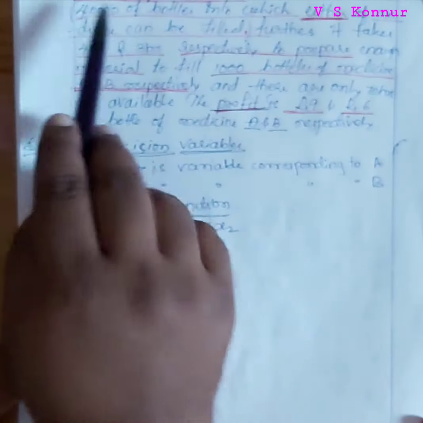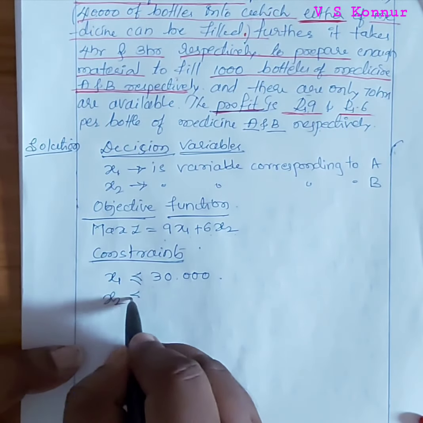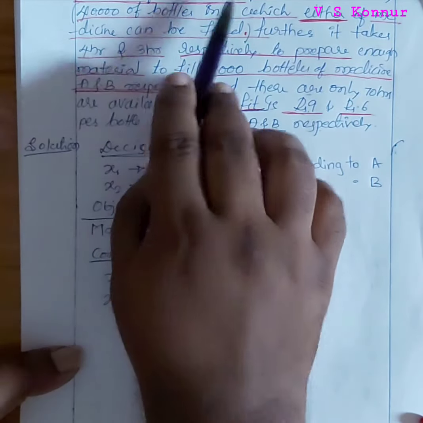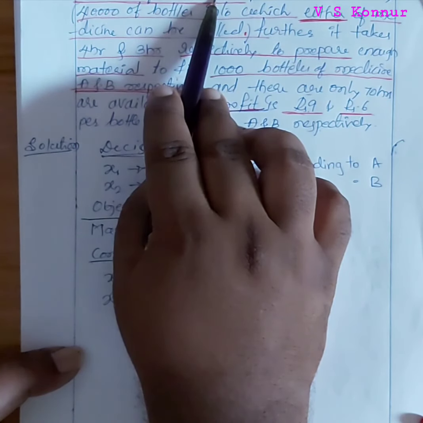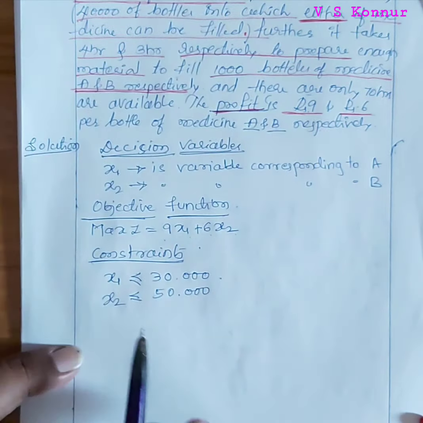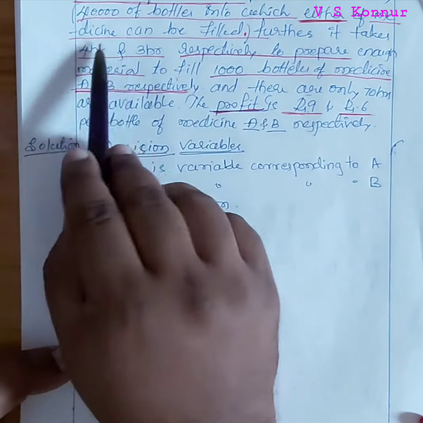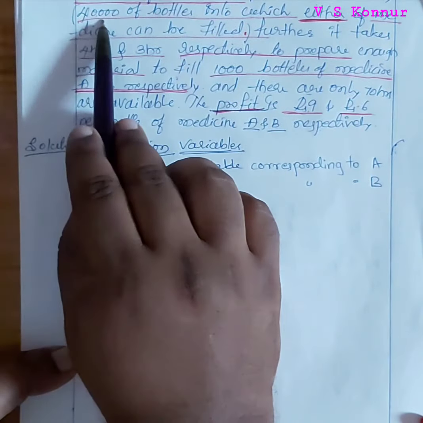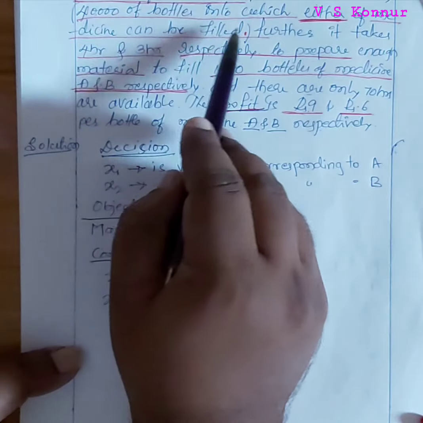Next is the 50,000 restriction on medicine B. So X2 less than or equal to 50,000. The second is restricted for medicine B. Is it clear? Then next constraint, either of the medicine can be filled. Either of the medicine means A or B. 40,000 bottles into which either of the medicine can be filled.